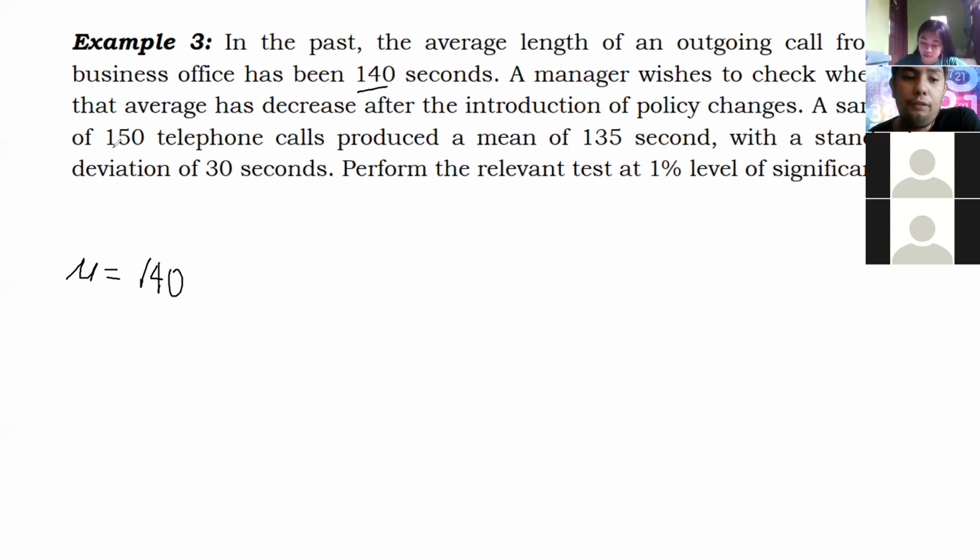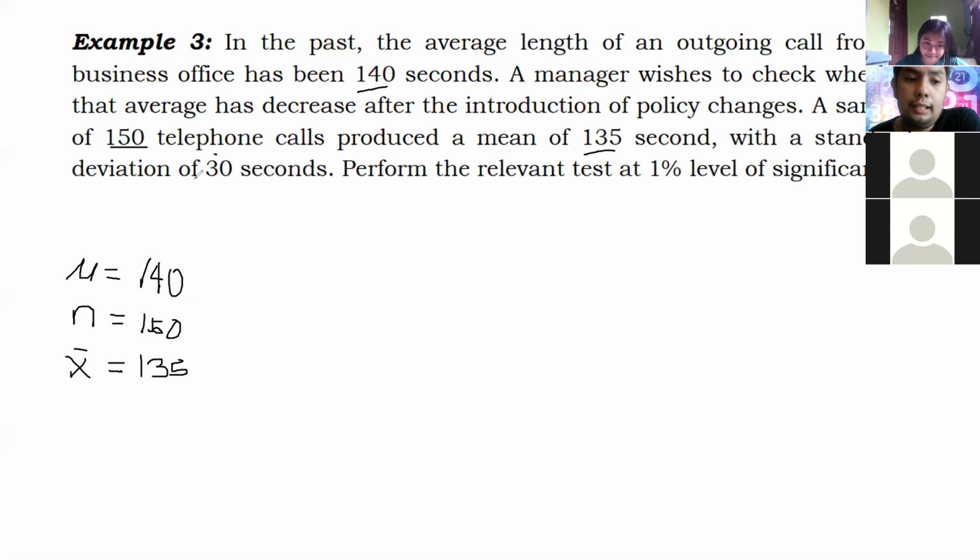Let's check. So clear na tayo dito. Let's have 150. Ano yung 150? Sir, yun po yung N. Sample size. That's the sample size. That's correct. N equals 150. How about the 135? Sir, yun po yung sample mean po. Correct. It is the sample mean. So that is X bar.